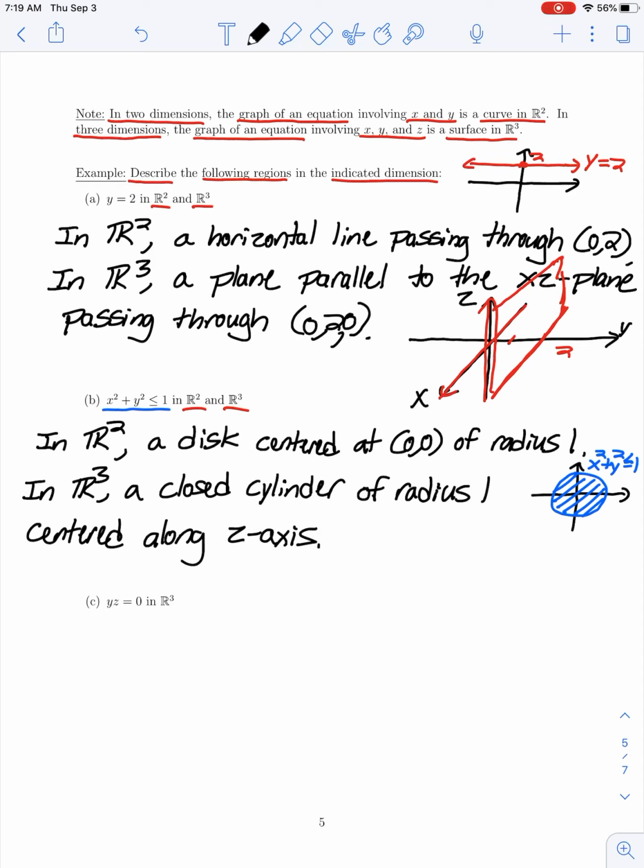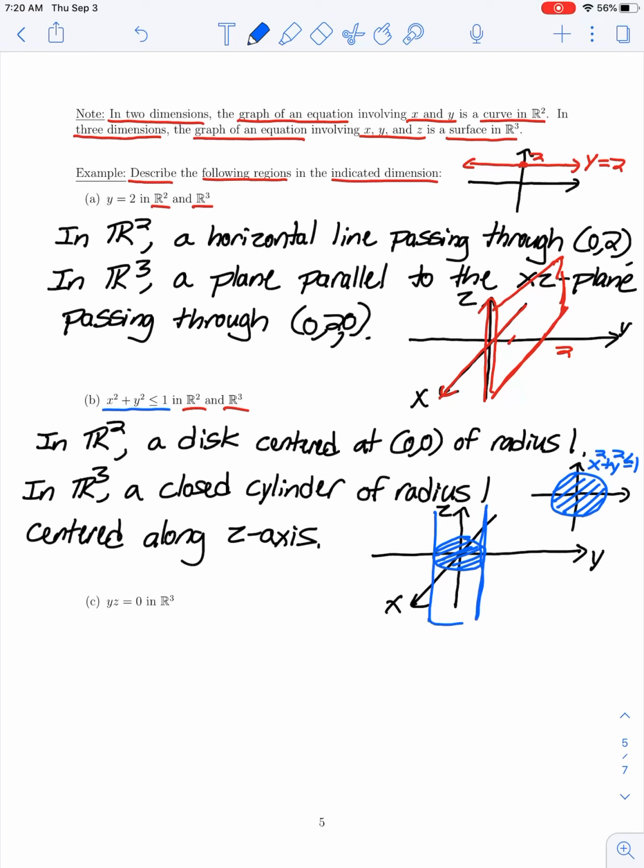So in 3 dimensions, we have our x, y, and z-axes. If we have the inequality x squared plus y squared is less than or equal to 1, in the xy plane, we were talking about this disk. But if we're referring to this inequality in space, we're looking at points that lie inside of this disk, but where z could take any value.